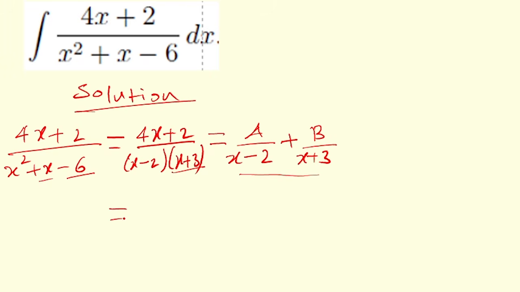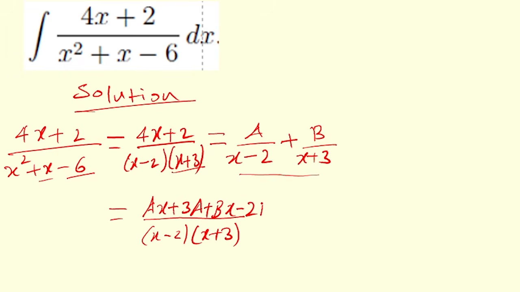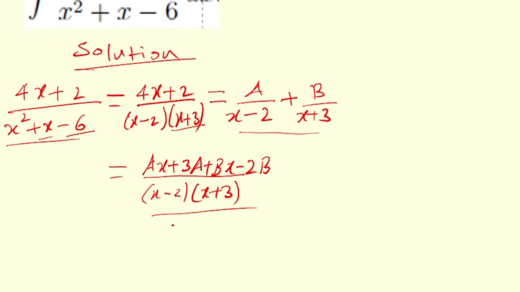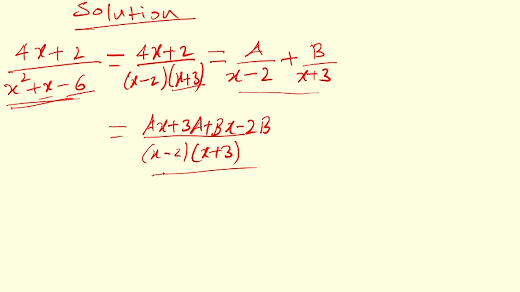When you add, the common denominator will be x minus 2 times x plus 3, and crisscross: a times x plus 3, ax plus 3a, plus b times x minus 2, bx minus 2b. So these two are equal and they have the same denominator.